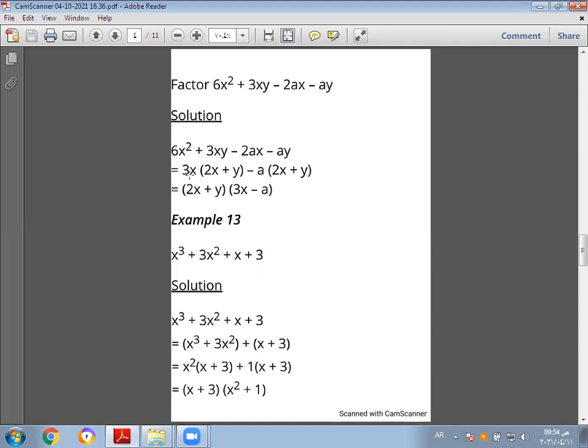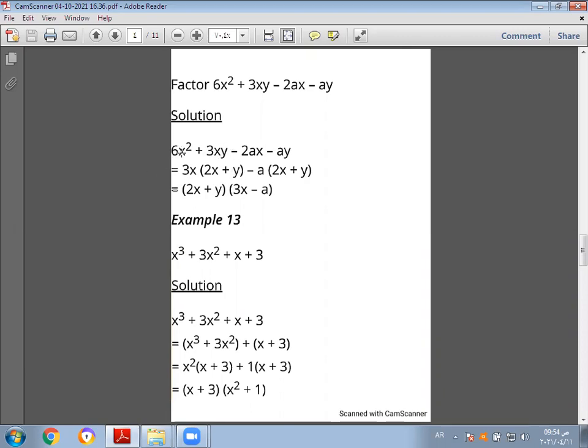If we take 3x as HCF and open a bracket, we find the remainder: 6 divided by 3 equals 2, and x² divided by x equals x. So the remainder from 6x² divided by 3x is 2x. Plus, 3xy divided by 3x: 3 divided by 3 equals 1, x with x removed, the remainder will be y.